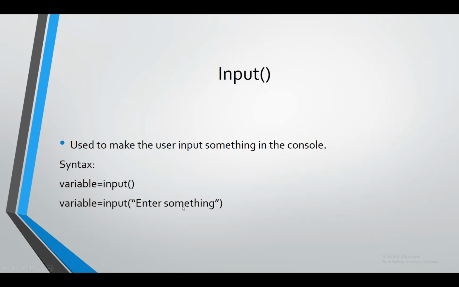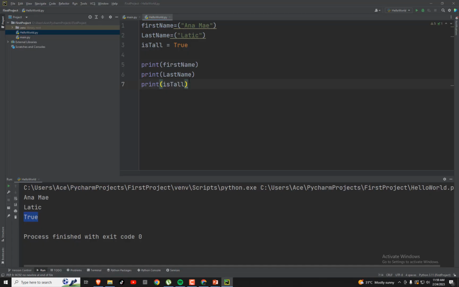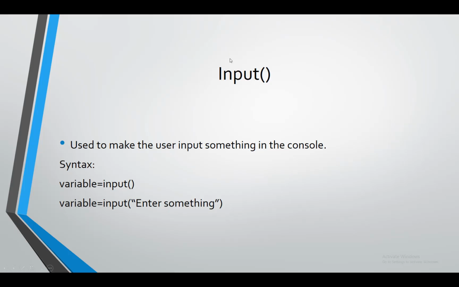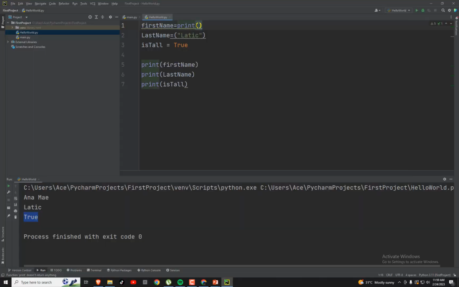Okay, so in our parameter, we put a string as a label. For example, this one: first name is equals to input.